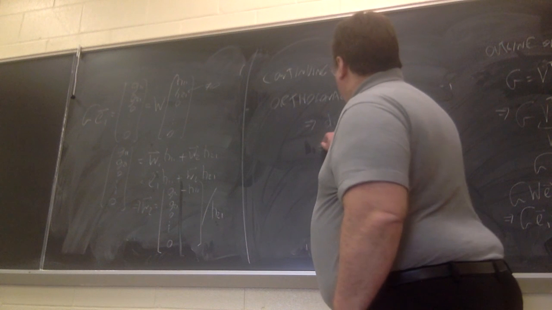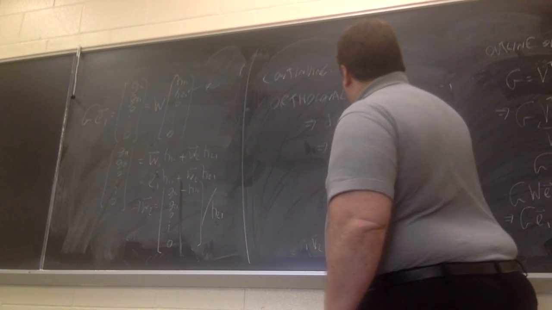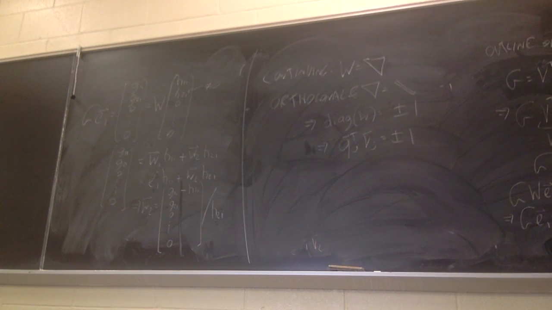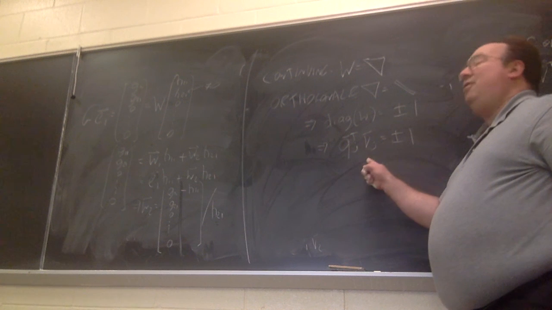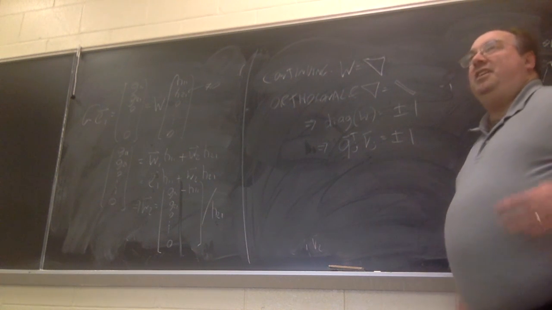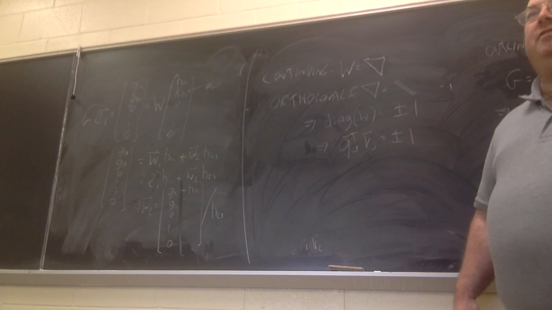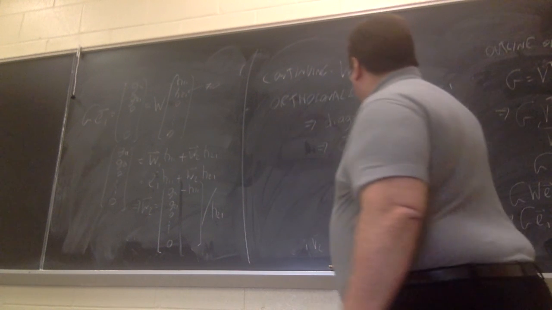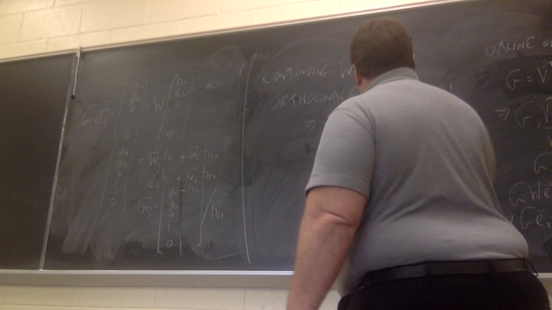So Qj transpose Vj has to equal plus or minus 1. The fact that it's a diagonal matrix in the first place shows that these guys are parallel, and the inner product can be plus or minus 1. That just means that they're scalar multiples of each other, so either equal or negatives of each other. So this is what tells you that Qj is equal to plus or minus Vj.